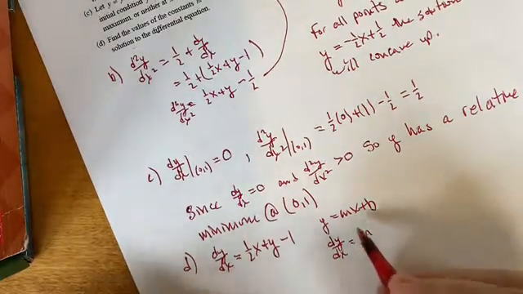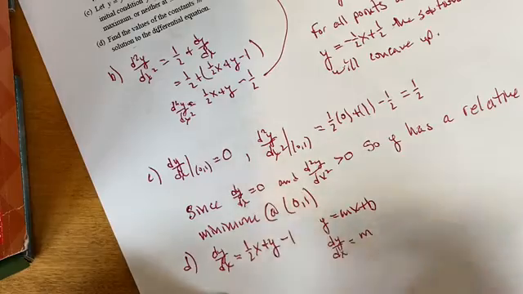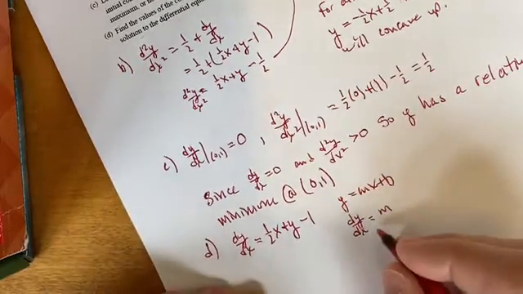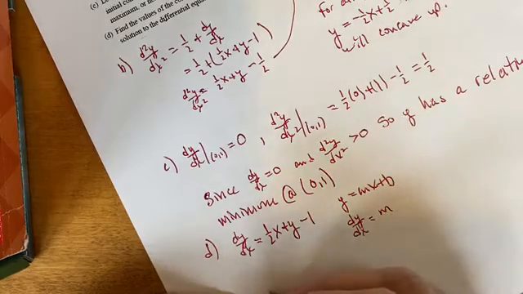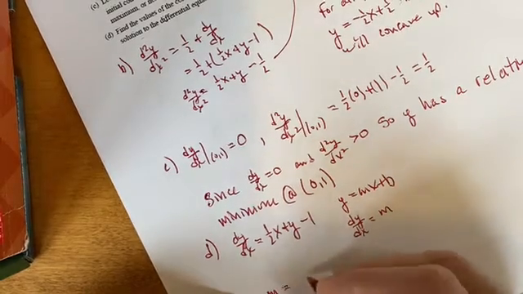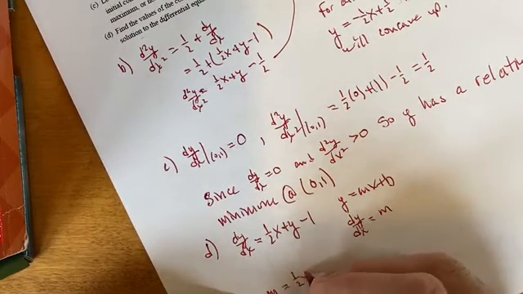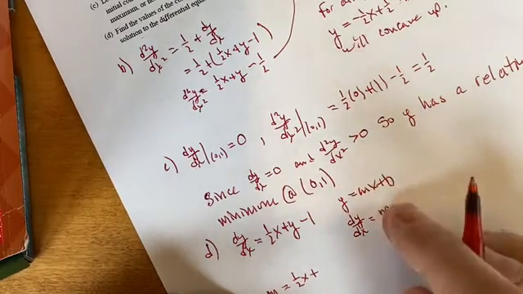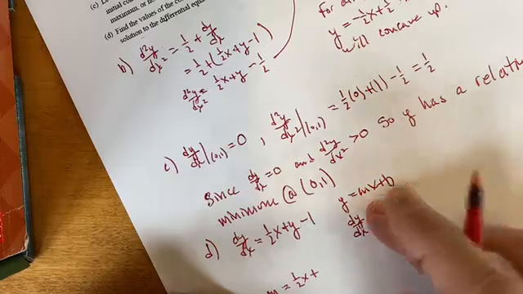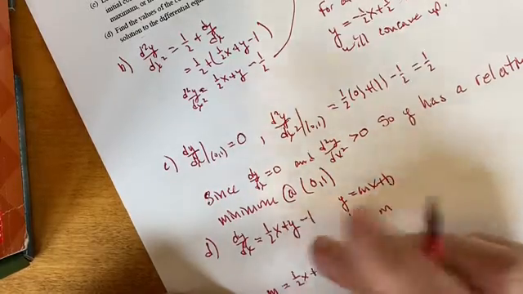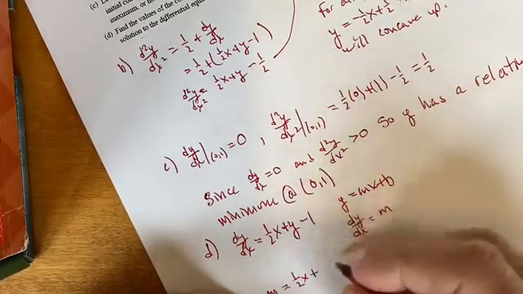So by substitution, we can replace this dy dx with m, and we can replace the y with mx plus b, right?